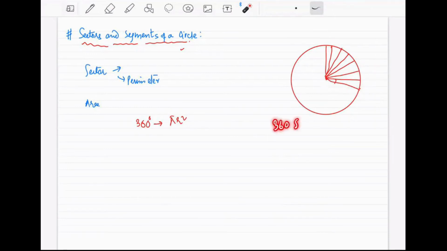There will be 360 sectors, right? 1 degree here, 1 degree here, 1 degree here. If you continue drawing until you get 360 degrees, there will be how many sectors? 360 sectors.